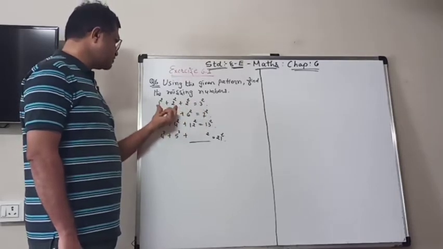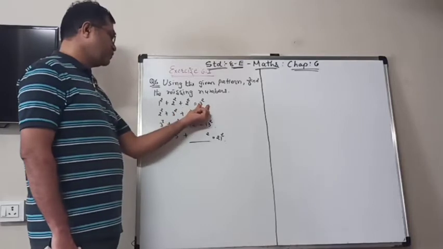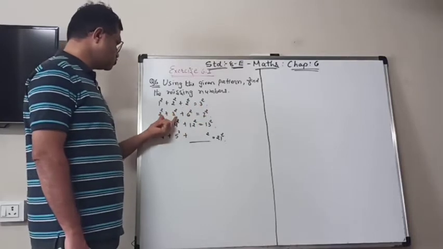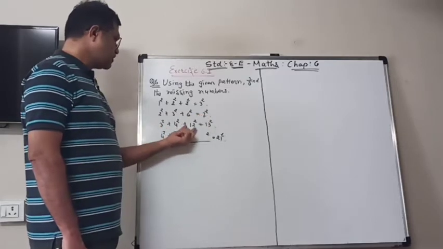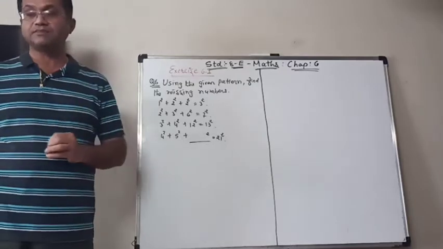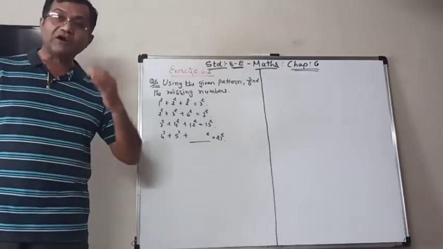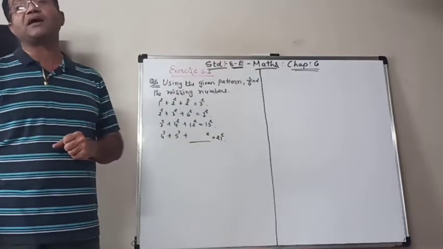Here also 2 3s are 6, 6 plus 1, 7, 3 4s are 12, 12 plus 1, 13. So there is a pattern. Now you have to follow the same pattern and find out the answer here.